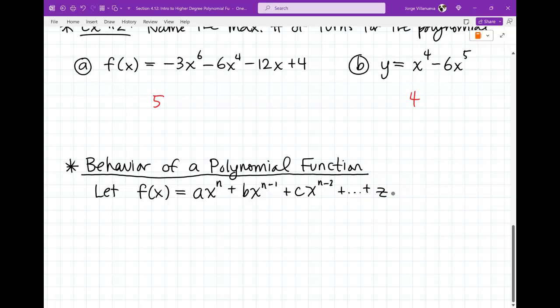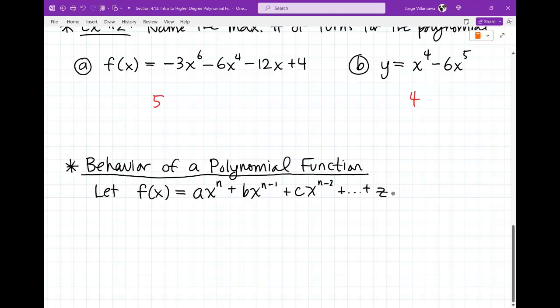In other words, they're saying, look, I'm going to give you a polynomial, okay? And there's going to be a high power and then a lower power and then a lower power. That's what the n minus 1, n minus 2 is. The powers are going to start going down. So just kind of know that that's supposed to happen.